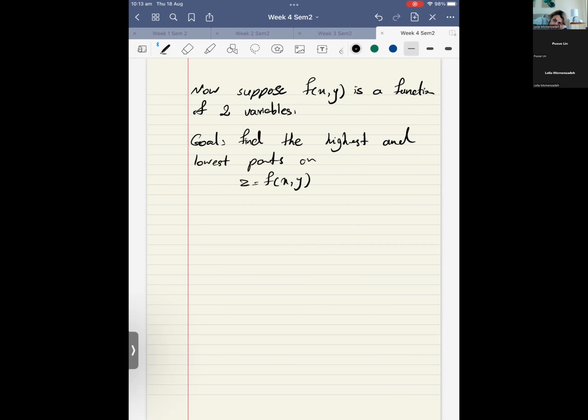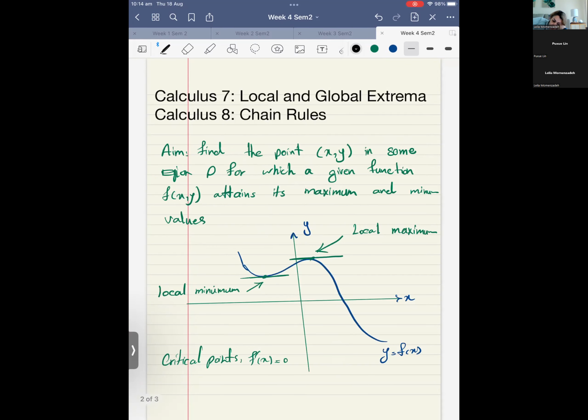Okay, first step: find places where the tangent plane is horizontal. Look here, you have a line at a horizontal point.